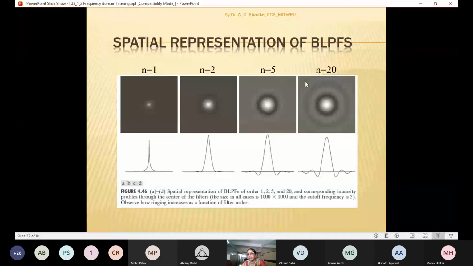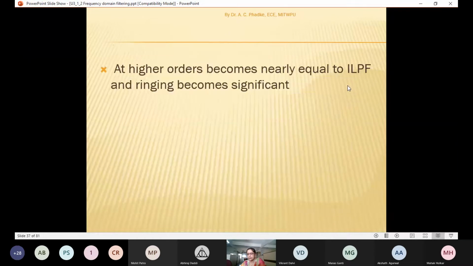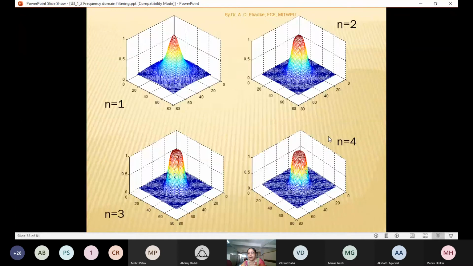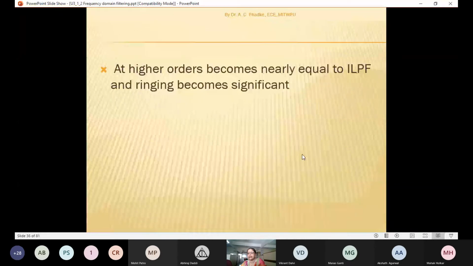So there are alternate dark and bright rings when order of Butterworth low pass filter is very high. This is why we get these rings, because as we increase the order, the transition from pass band to stop band becomes sharper and sharper. And because of this sharp transition, again we get ringing effect as shown here.